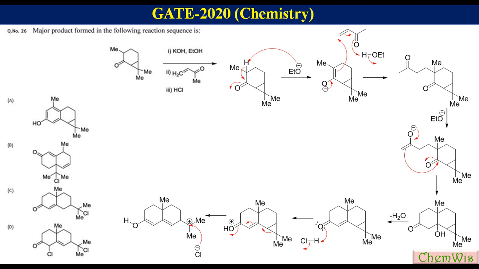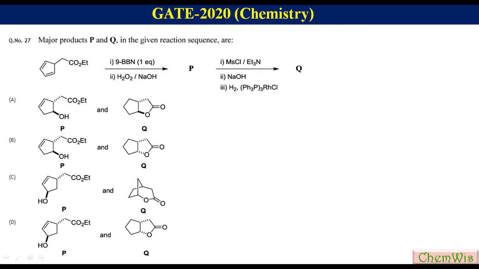Attack of chloride ion on carbocation and tautomerization of enol to keto generates a structure that has been shown in option number C.